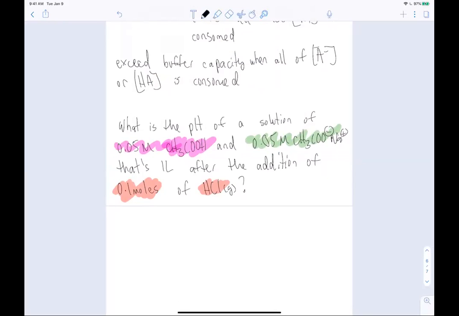So in our neutralization reaction, we start out with our initial concentration of acetic acid equal to 0.05, and our initial concentration of sodium acetate is also 0.05.